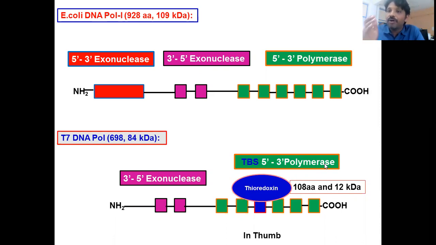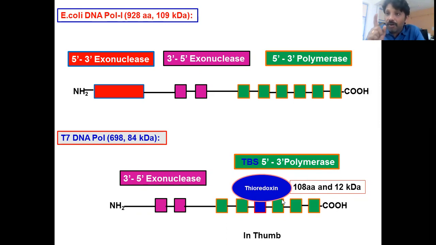It does not have 5' to 3' exonuclease activity. The N terminus has the 3' to 5' exonuclease activity, and the C terminus has the 5' to 3' polymerase activity.